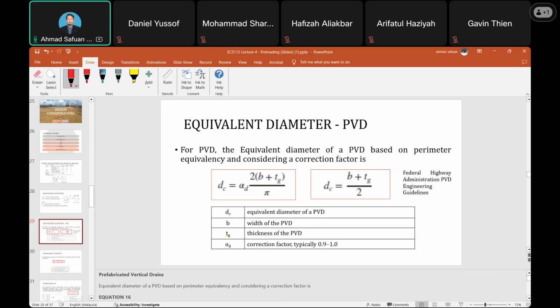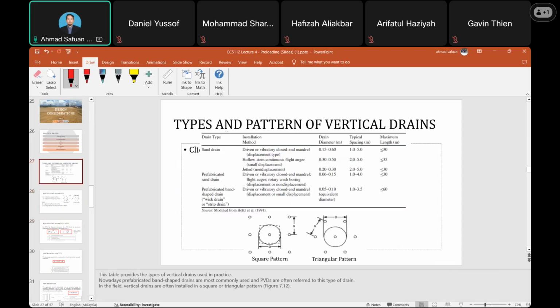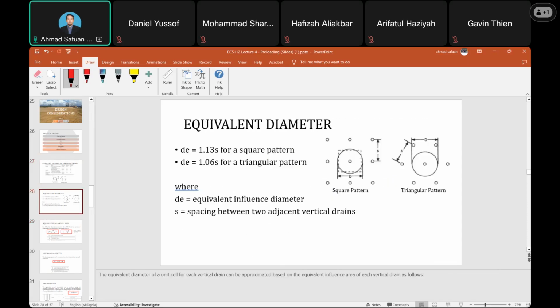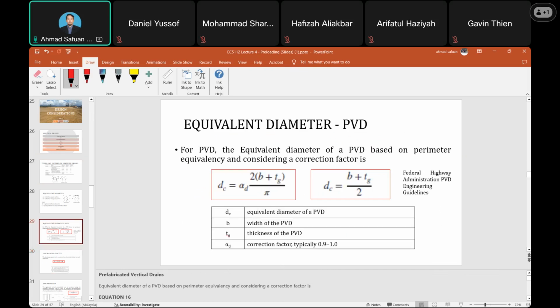The first one is related to the patterns, while this is related to the diameter of the PVD. Alpha D is the correction factor. TG is the thickness of the PVD. B is the width of the PVD.